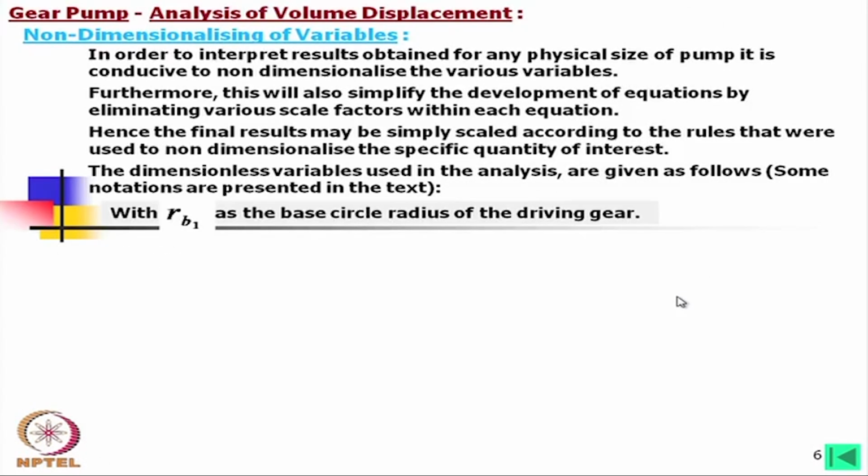Now, for the linear parameter, we have considered the reference parameter as the base circle radius of the driving gear. Perhaps you know that once we say, for involute gears, this is the module, this is the teeth number, and this is the pressure angle, then one dimension of that gear will be fixed.